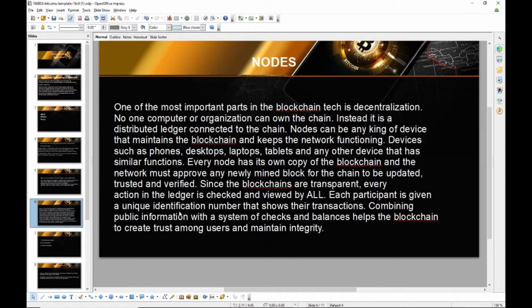Every node has its own copy of the blockchain, and the network must approve any newly mined block for the chain to be updated, trusted, and verified. Since the blockchains are transparent, every action in the ledger is checked and viewed by all.